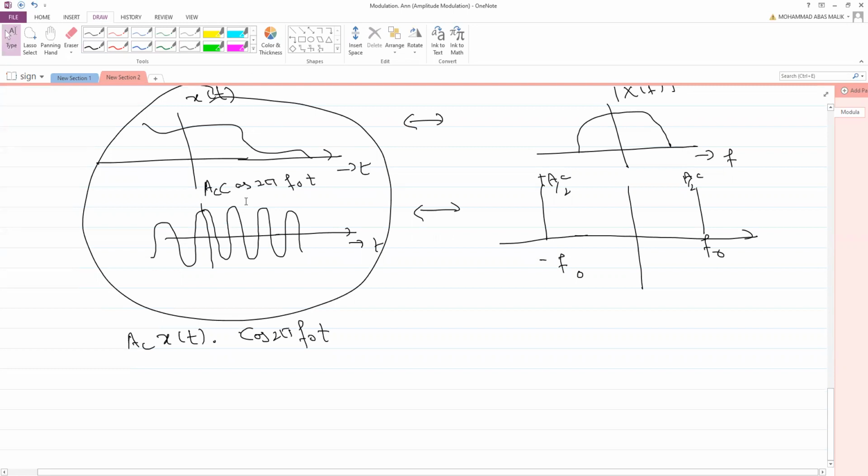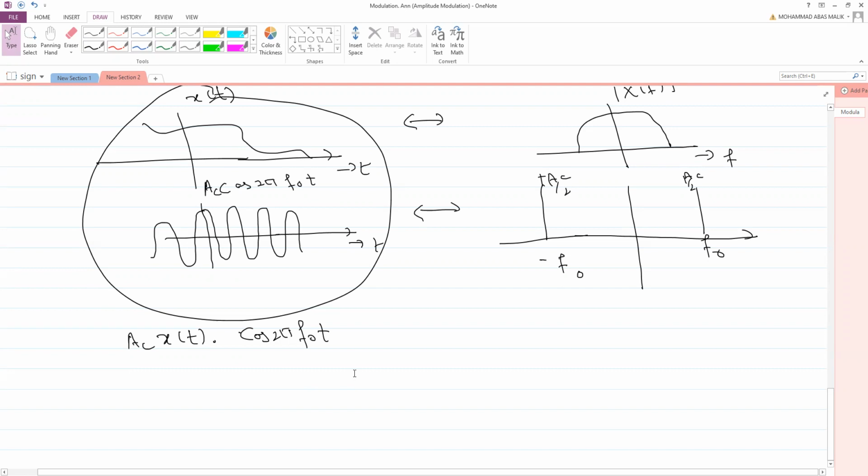Whenever you multiply x of t with this carrier signal, you will get the envelope of the message signal, because its amplitude is constant. This amplitude is AC, and this is minus AC. Whenever you multiply the message signal x of t with your carrier signal, you will get the variations of the message signal.